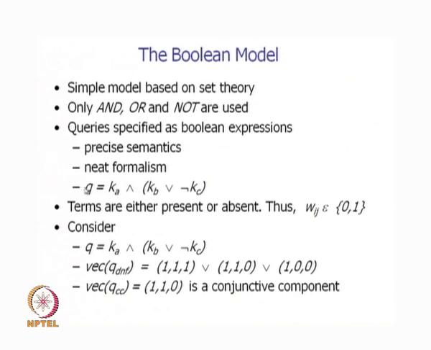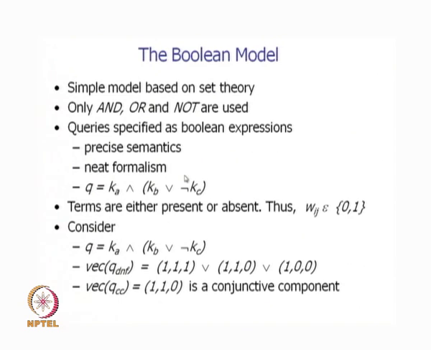So, suppose we have this query: k_A and (k_B or not k_C). So, the semantics of this is that give me a document which contains the keyword k_A and either another keyword k_B is present, or the document does not contain the keyword k_C.